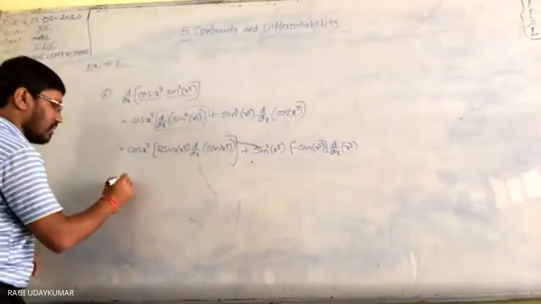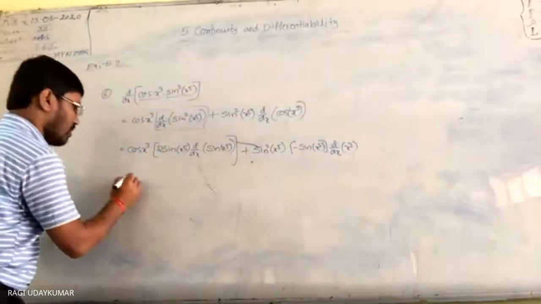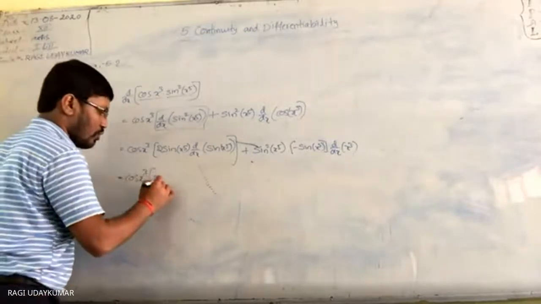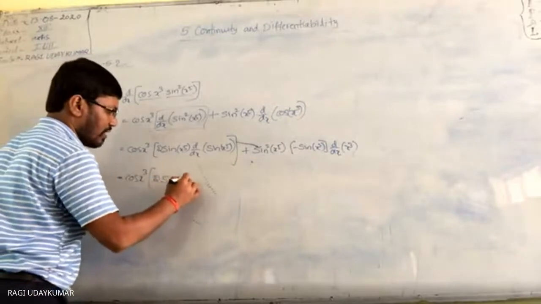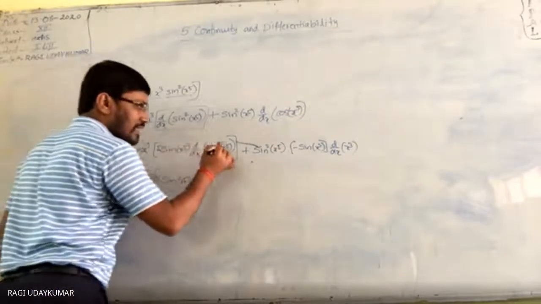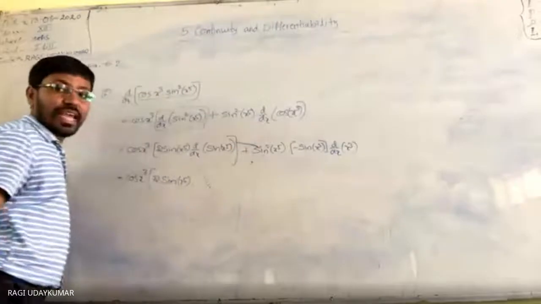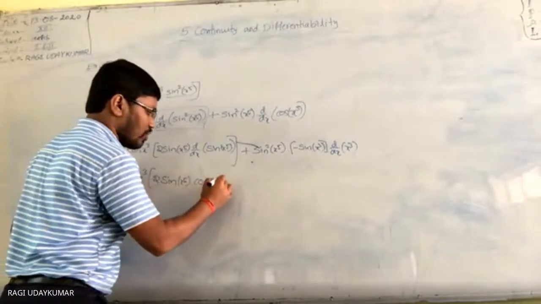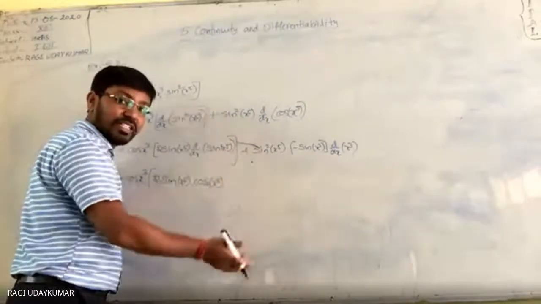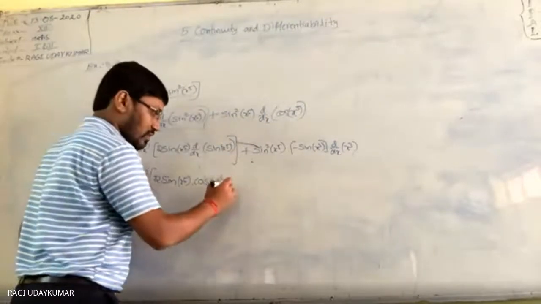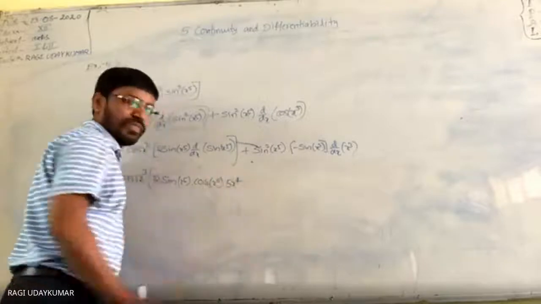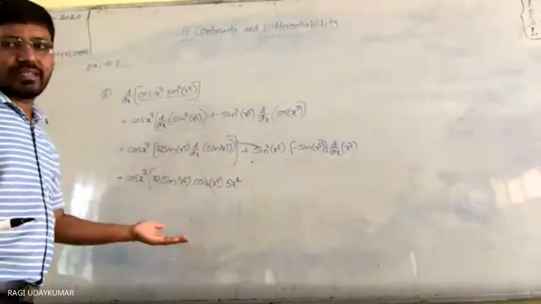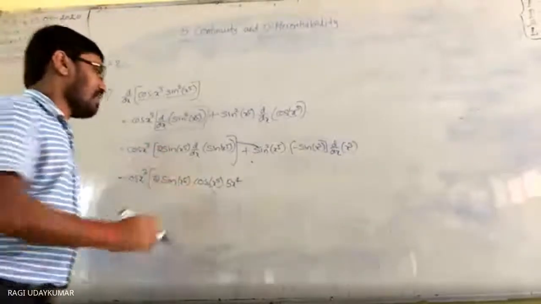So what do you write here? This is equal to cos x cube into 2 into sin x to the power of 5. This one is x, so sin x differentiation is cos x. Cos x to the power of 5, and the differentiation of x to the power of 5 again is 5x to the power of 4.